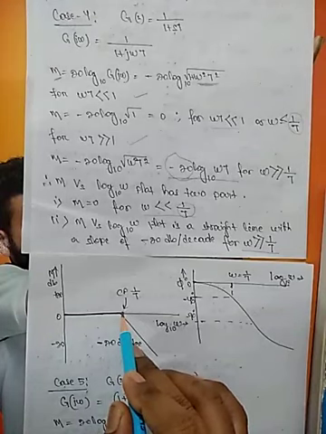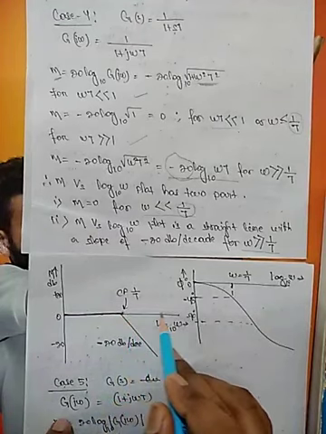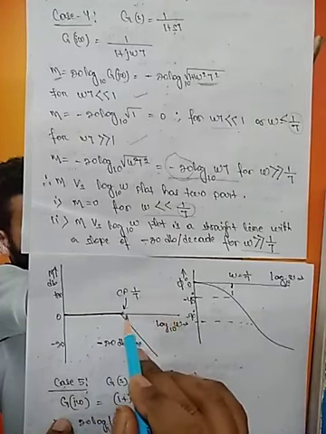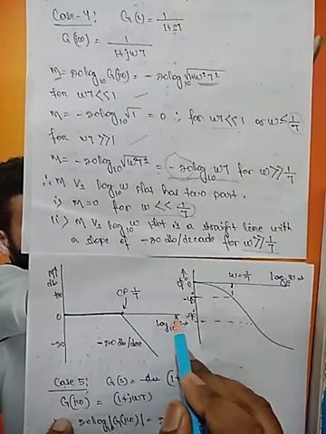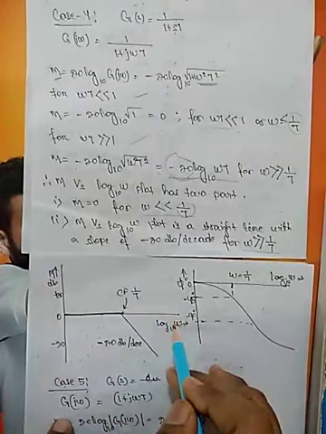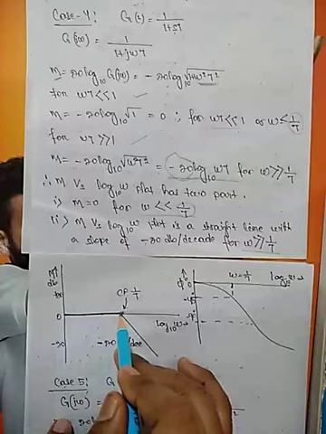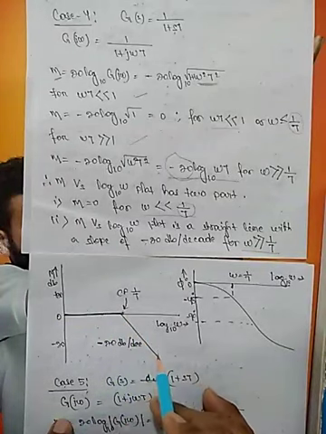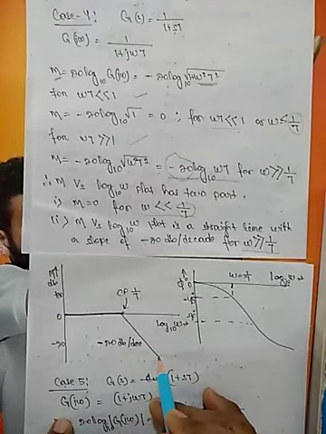And second case, when omega is greater than 1 by T, this right side part you see, then the magnitude versus frequency graph is a straight line and has a slope of minus 20 dB per decade.